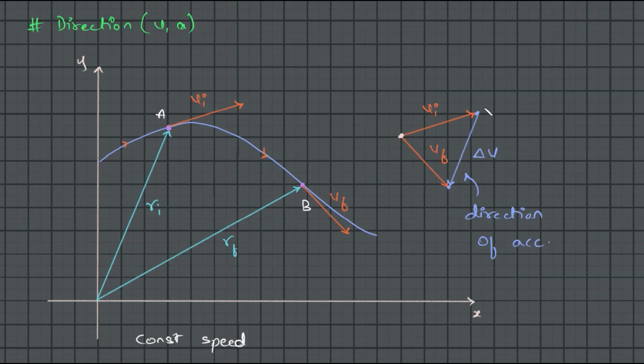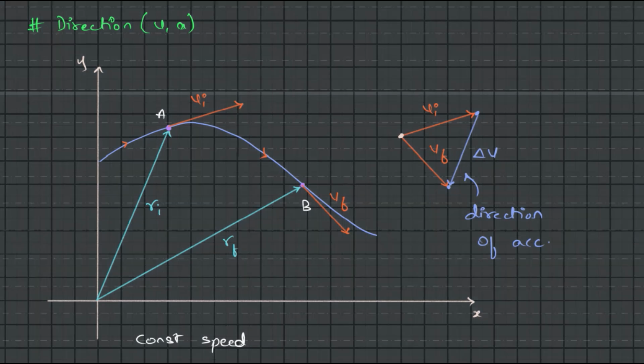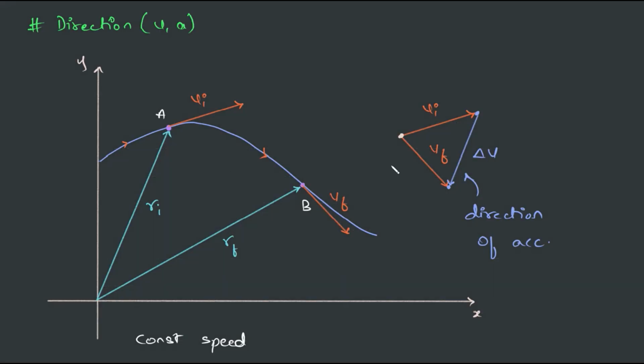And we know if a particle is moving from point A to point B in this manner, the change in velocity will look like joining from initial to final this way. The direction in which your change in velocity points is the direction of the acceleration. Okay, as simple as that. Let me remove the graph also. So this is it. That's your direction of acceleration.